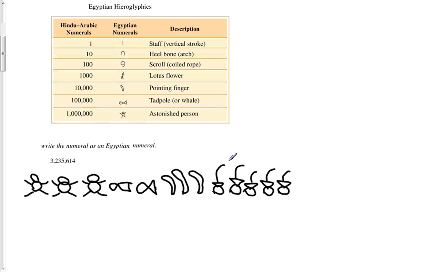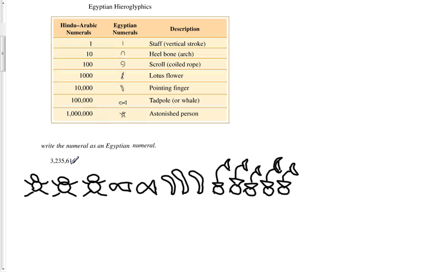So I have 5 lotus flowers. This lotus flower was a bit off. So I have 5 lotus flowers. So let's see, that's 5,000, 5,000.